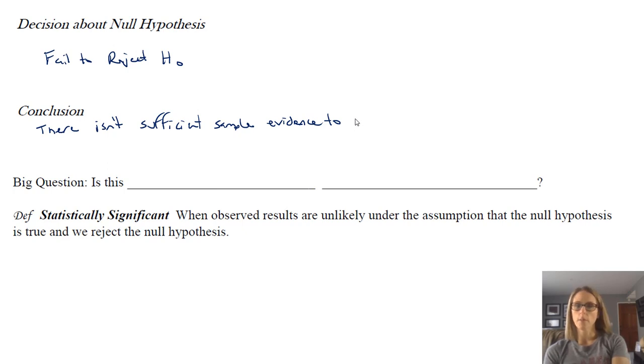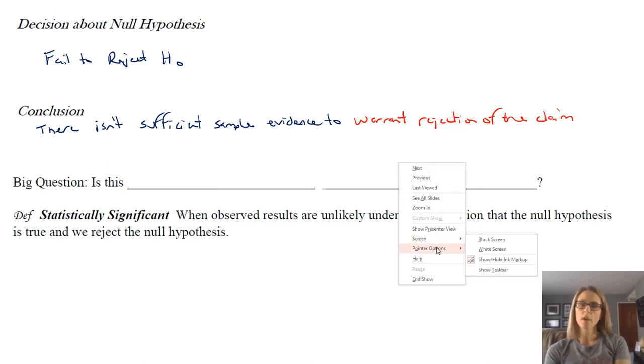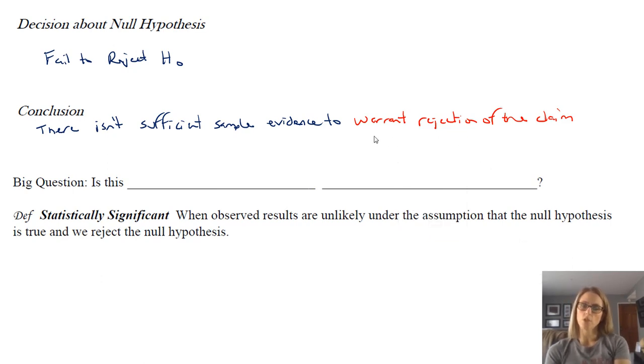There isn't sufficient sample evidence to warrant rejection of the claim. So instead of support the claim, we say warrant rejection of the claim, because that's our job, is to either reject or fail to reject H naught. So when the claim is H naught, it changes this part. And we'll see this again and again, so don't get too scared.